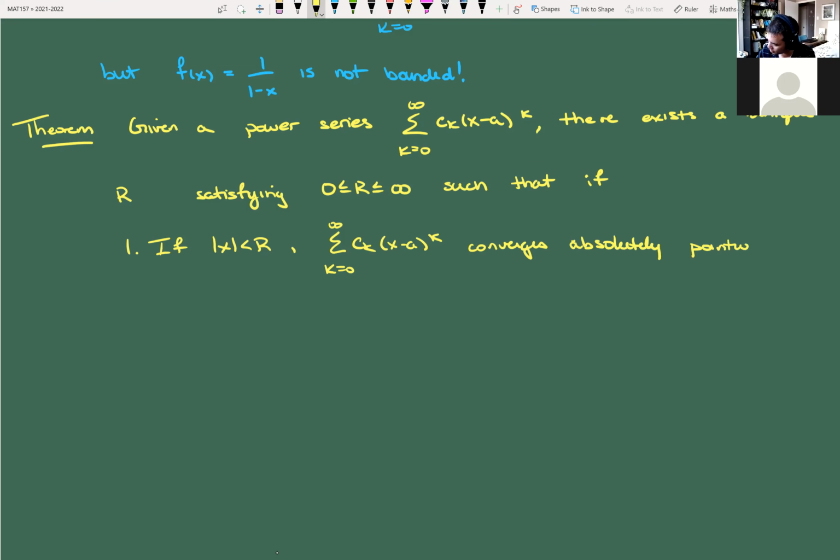Okay, so we're not talking about uniform convergence yet, just pointwise. And if we're bigger than R, then we diverge. Which feels kind of like a ratio test sort of thing. You remember, we said that you would compute this limit. If that limit was less than 1, you converged absolutely, and if it was greater than 1, you diverged. So it's very similar to that. And in fact, what we're going to see is that when we're actually computing this number, because of that relationship, the root and ratio tests are really the primary way of computing these things.